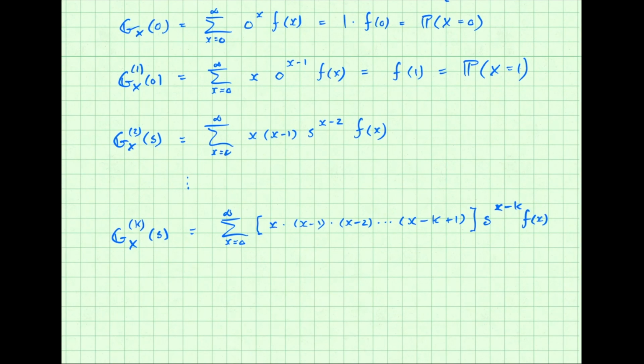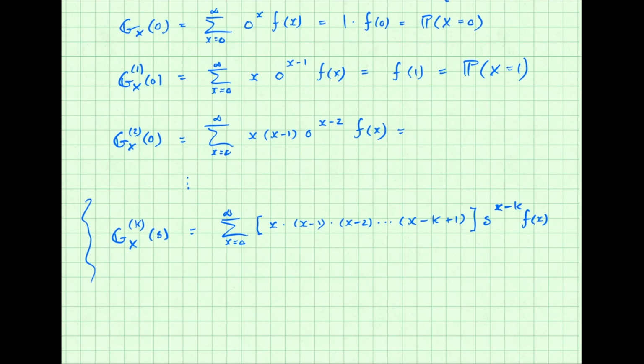So now let's get through this second to last guy. All right, so this guy is 0, and this guy is 0, and so on. And you should see the pattern here. So look at this sum. All the terms are going to be made to vanish by this guy, except when x is equal to 2. And so we're left with this guy when x is equal to 2.